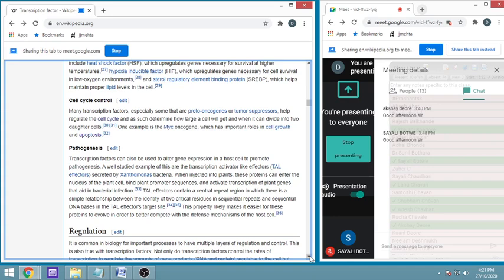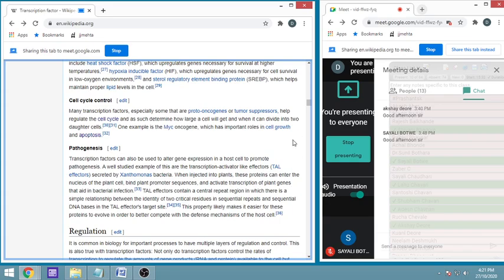So this bacteria will decrease the immunity of the plant. They contain a repeat region in which there is a simple relationship between the identity of two critical residues in two sequential repeats and sequential DNA in the TAL effector target sites. So these are such cases where they are involved in pathogenesis.